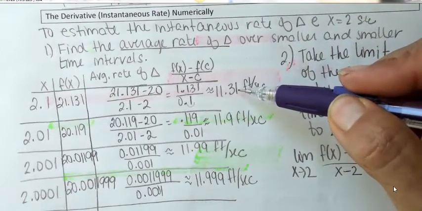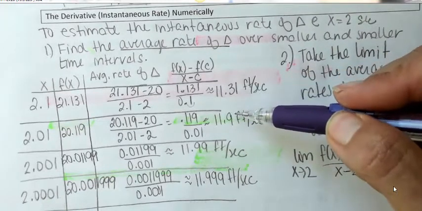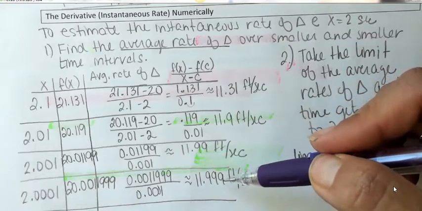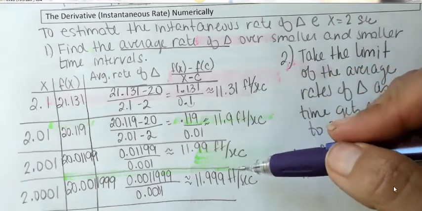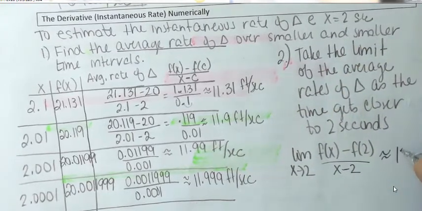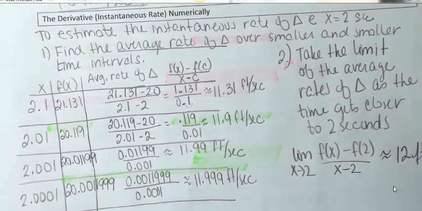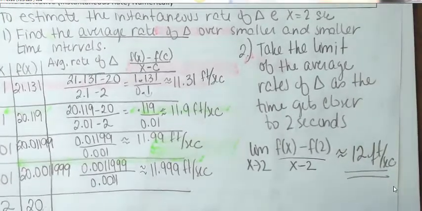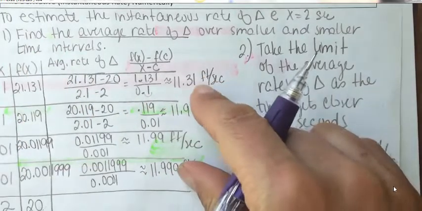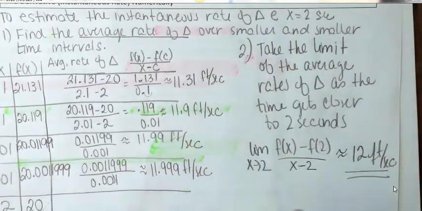I start at 11.31 feet per second, go up to 11.9, 11.99, 11.999. This appears to be getting really, really close to 12. So I'm going to say right now my estimate is it's approximately 12 feet per second. And that's me estimating it numerically. Numerically means taking a table of values, finding average rates of change, and then finding the limit of those average rates of change as you get closer and closer to the time that you care about.